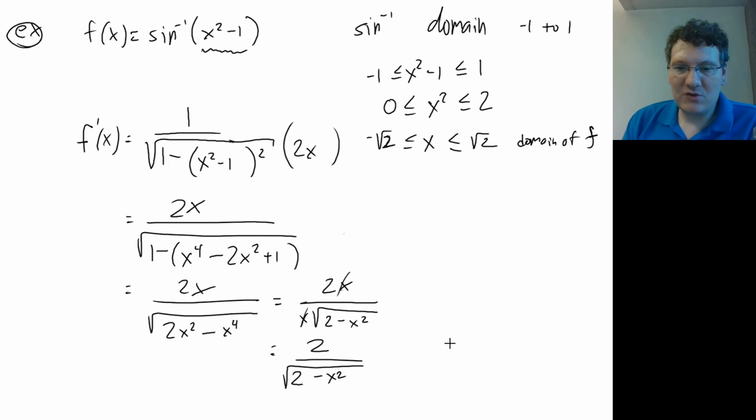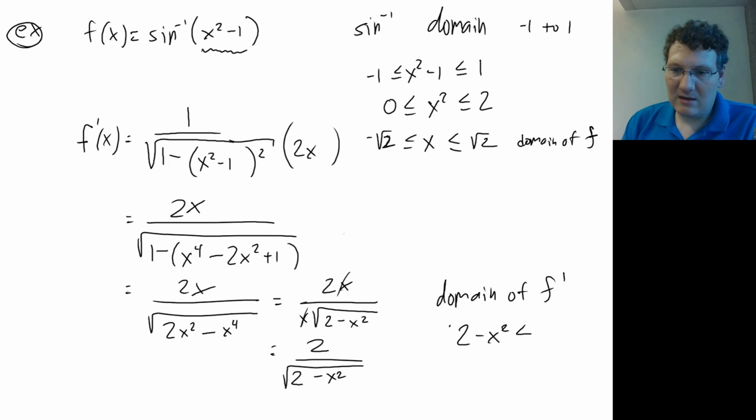Okay, the domain of f prime: because we have the square root of 2 minus x squared in the denominator, we need 2 minus x squared to be greater than 0, and then we're okay.